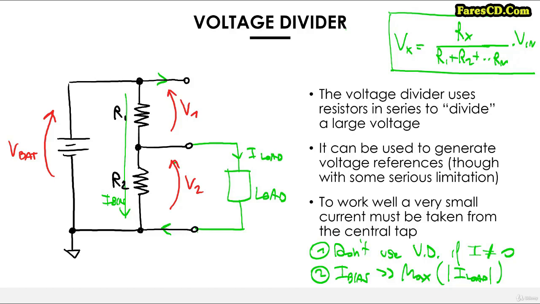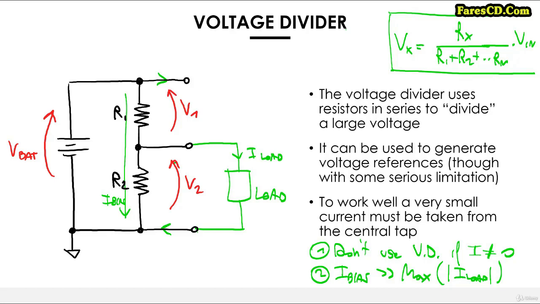From Kirchhoff's current law, the current in R2 is equal to the current in R1 minus I load. So if I load is much smaller, it's practically equivalent to 0. We can say that the current in R1 and R2 is the same, practically as if they were in series, and the value of the current across them will be simply given by V bar divided by R1 plus R2.